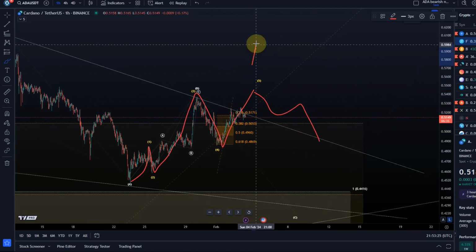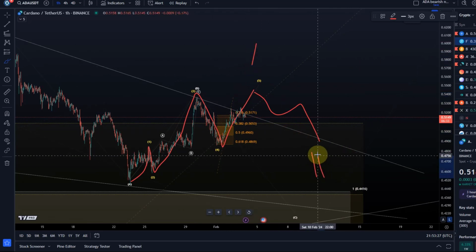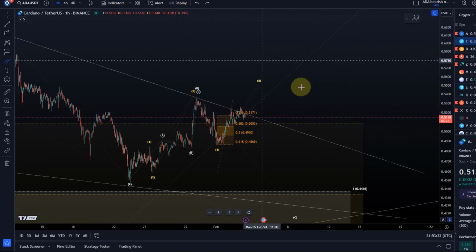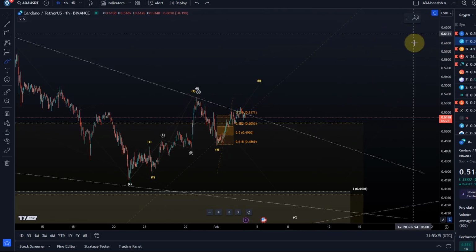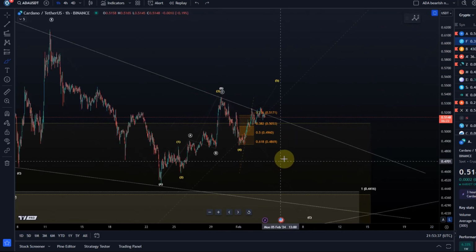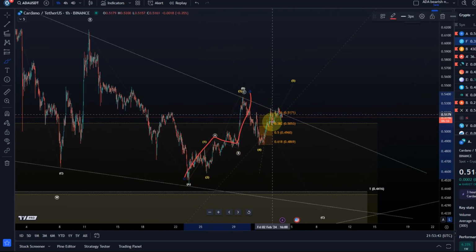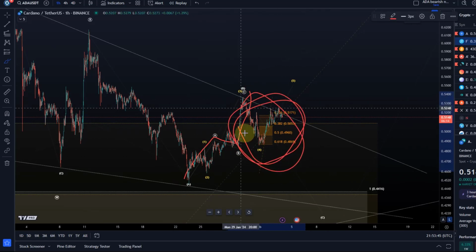We can then call it a wave 1 to the upside, a wave 2 pullback, and the third wave could then happen later. There are still other ways it can form a larger B wave and still come down, but that would be the next thing to focus on. At the moment, all I see is a 3-wave move up, and this still has to clarify itself.